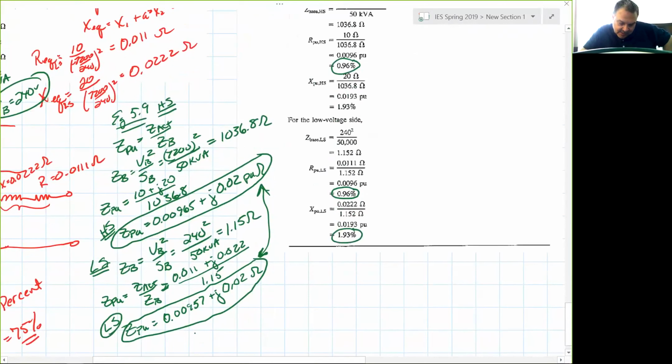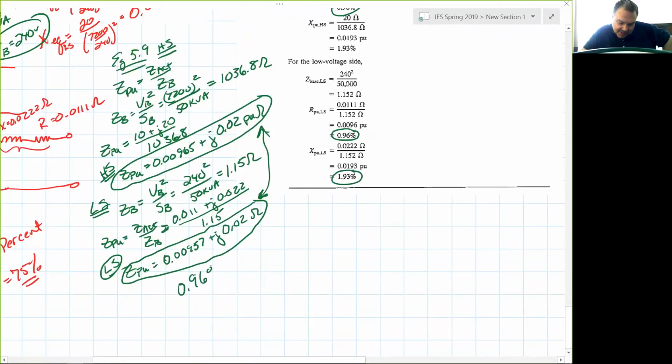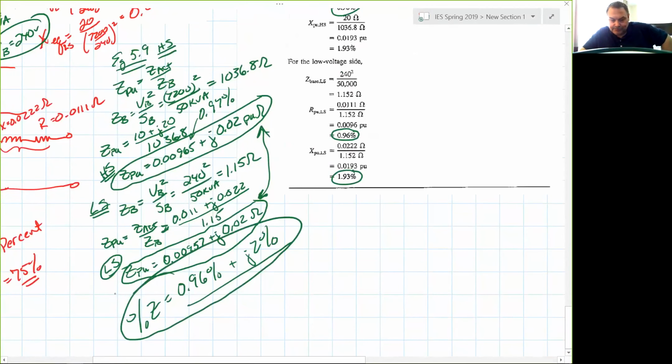So this one would actually be 0.97%. We just didn't carry it out quite properly, but the J's matched up. This would be 2%. So there is the percent Z of that transformer. And that does it for these lectures on introduction to per unit. We'll pick up here when we meet again.